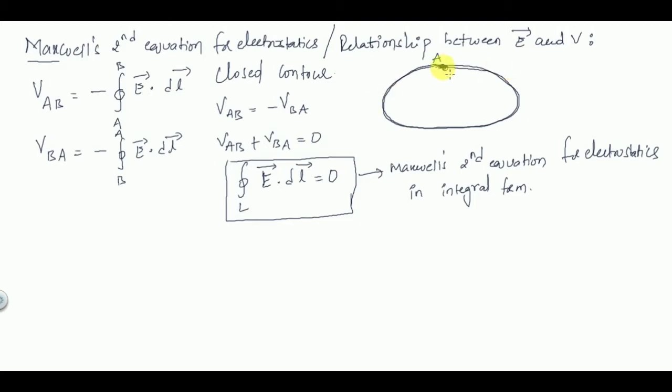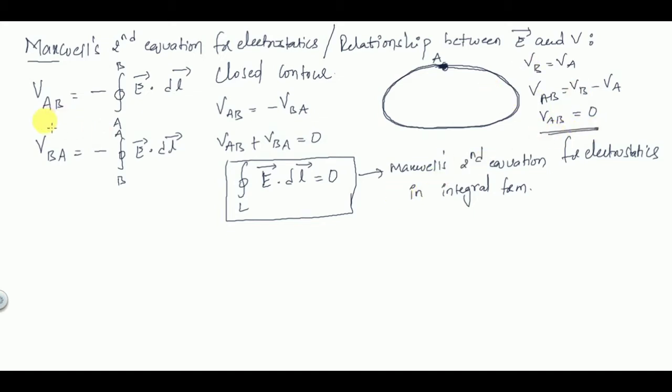So for a closed path, the end point is equal to the starting point, that is VB is equal to VA. In that case, what will be VAB? Just now we have seen it is equal to VB minus VA, but VB is also equal to VA, so VAB is equal to 0.